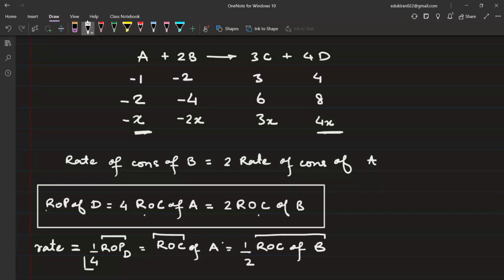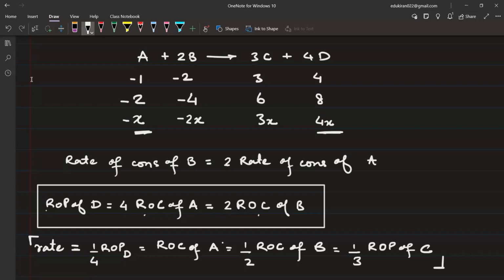It is rate of consumption of B divided by the stoichiometric coefficient. So they said that, okay, fine. That means if I want to write the rate of reaction in terms of C, then I can write it as 1 by 3 into the rate of production of C also. So this became the standard form of rate of reaction.